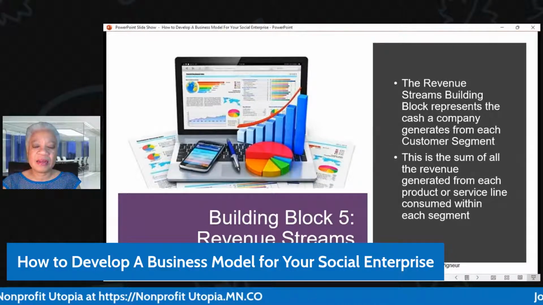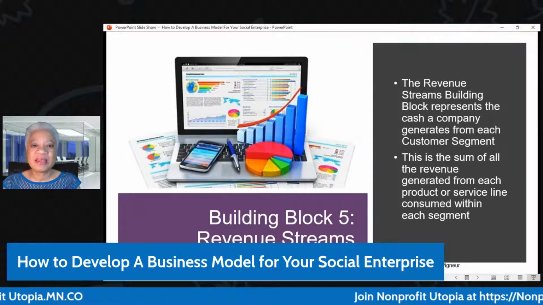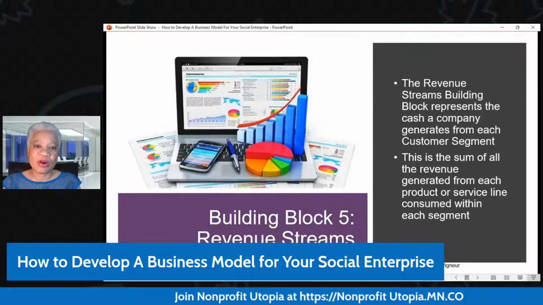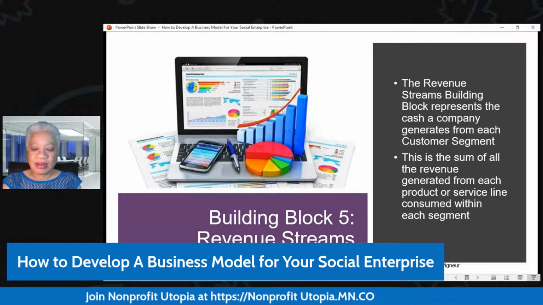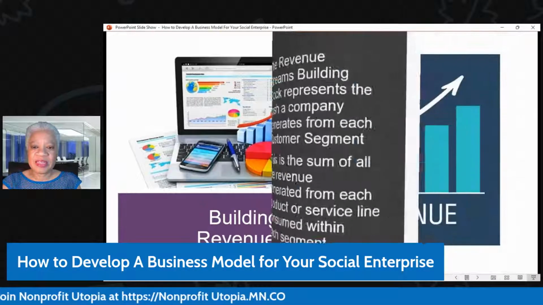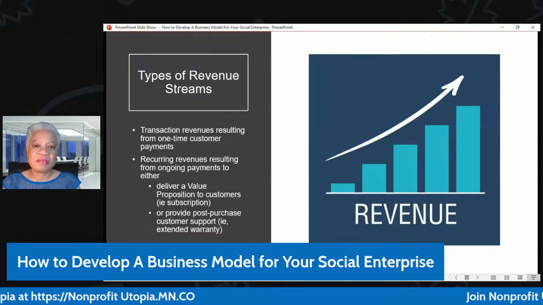So building block number 5 are the revenue streams. And revenue streams basically, in a nutshell, tell you where is your money coming from, right? How it comes from different types of sales. Some of these can be just a one-off transaction.